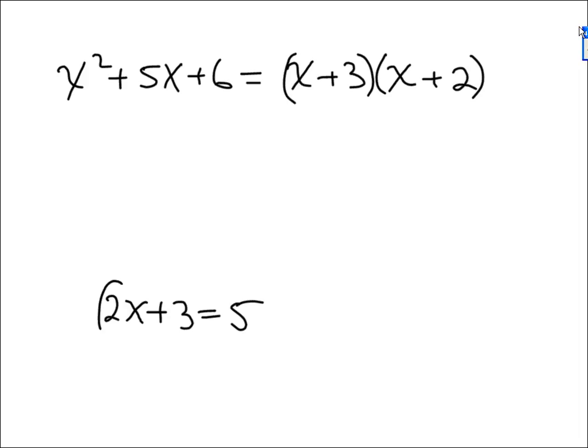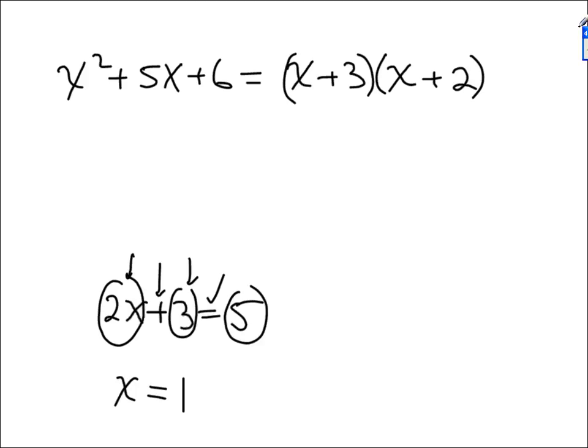If x is 10, that would be 20 plus 3, which does not equal 5. But under the condition that x is 1, 2 times 1 is 2, plus 3, you better believe it's 5. This equal sign is only valid under the condition x equals 5.